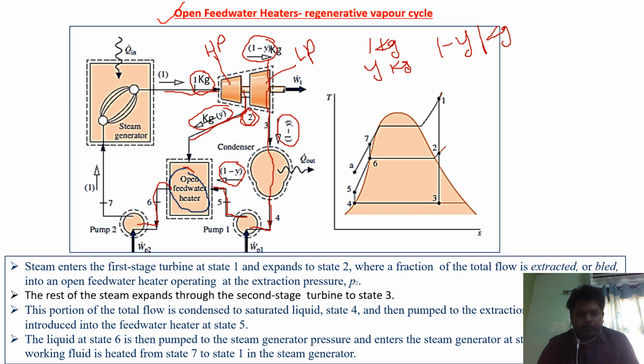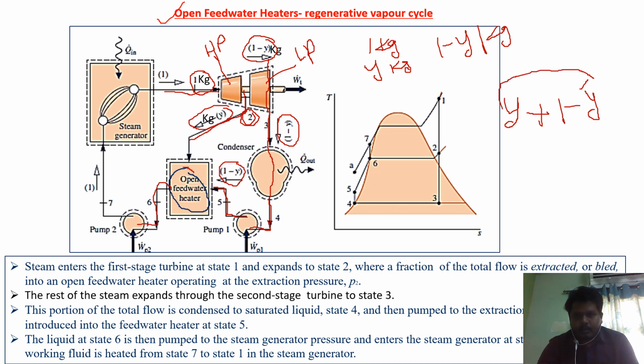Here, if you observe carefully in the open feed water heater, Y mass is entering, which is extracted from the turbine, and also 1 minus Y mass is entering the open feed water heater, which is coming from the condenser.